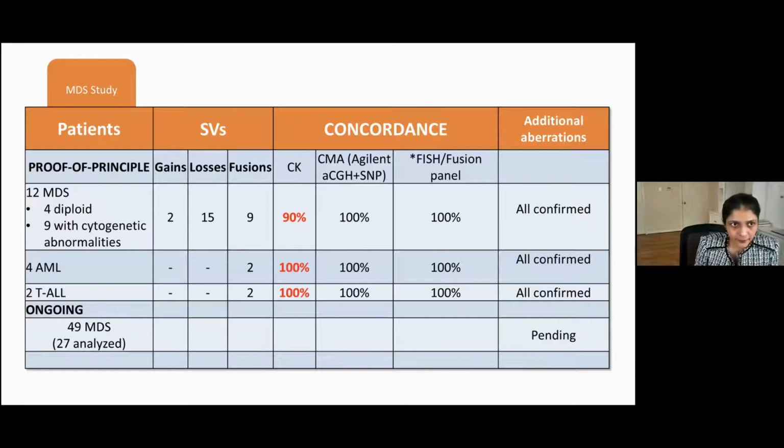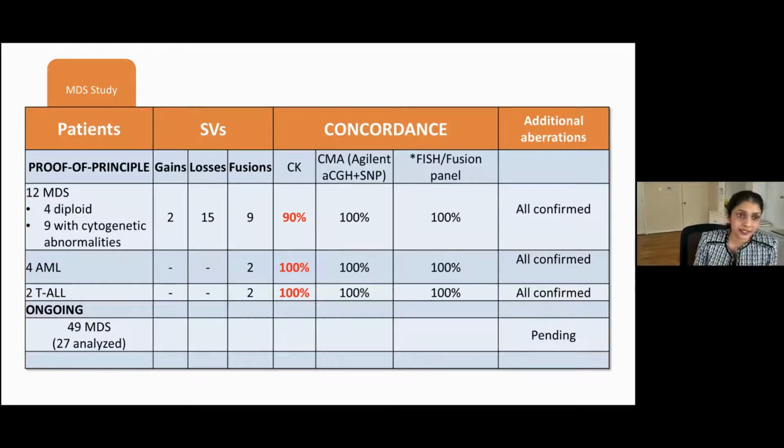detection criteria. Now, in addition to the abnormalities detected by these traditional technologies, OGM was able to identify additional aberrations that are of potential clinical significance. For this proof of principle study, we used extremely stringent criteria to identify the clinical significance.